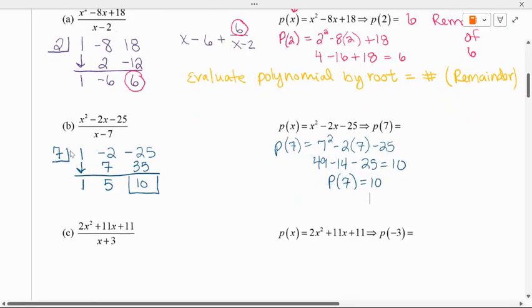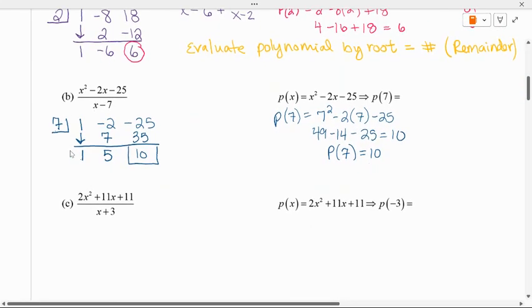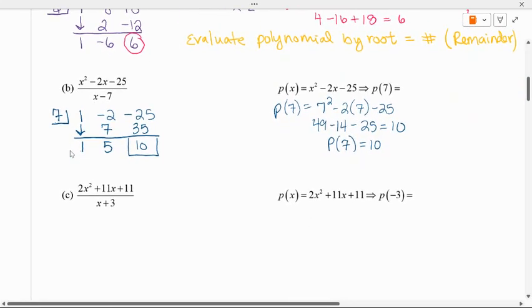All right. So what is the remainder? Is there going to be a remainder, or is the polynomial 2x squared plus 11x plus 11 divisible by x plus 3? Does it divide nicely? What do you think? Well, I don't know. Let's use synthetic division and see. What am I going to put in the root box over here? A negative 3.